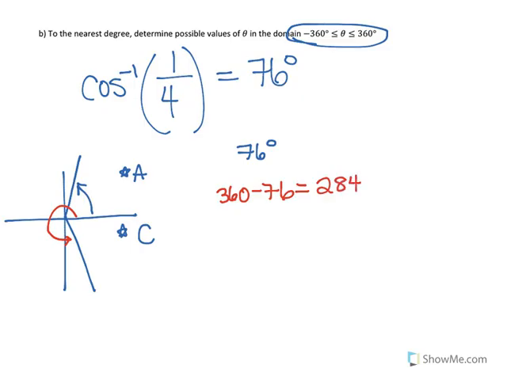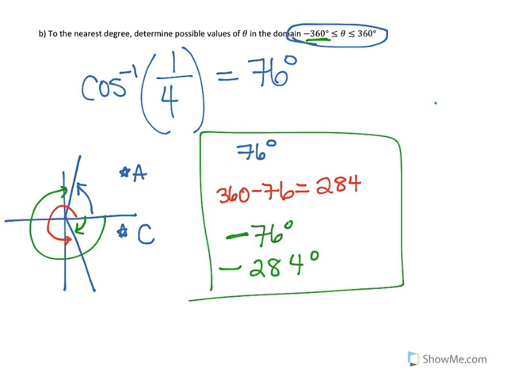Because it goes from negative 360 to 360, we can also do the negatives of these. So this angle right here would be negative 76 degrees, and this angle right here would be negative 284 degrees. So those are our 4 answers.